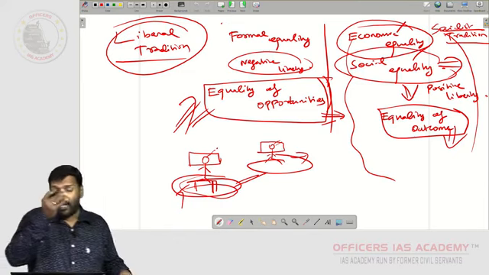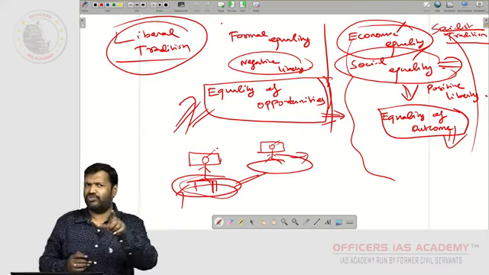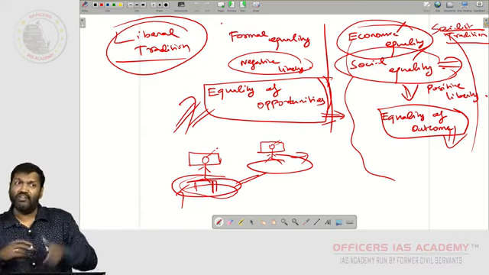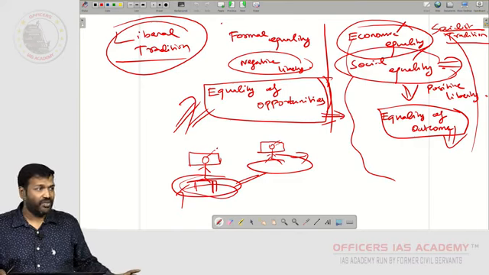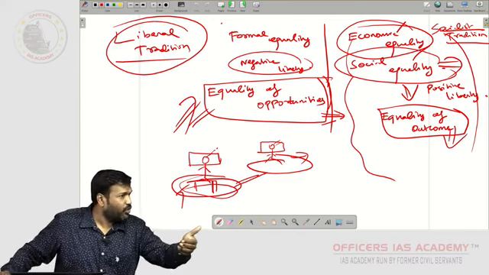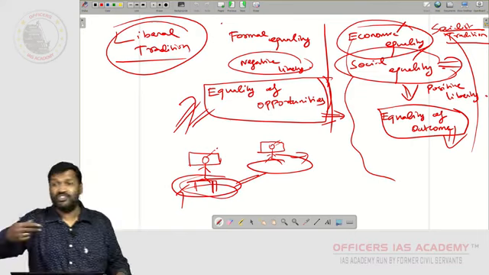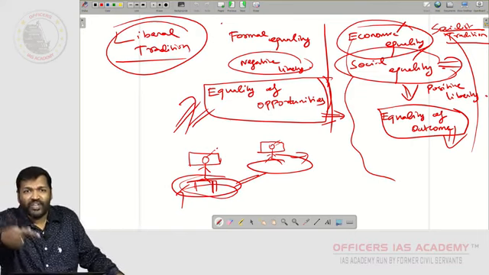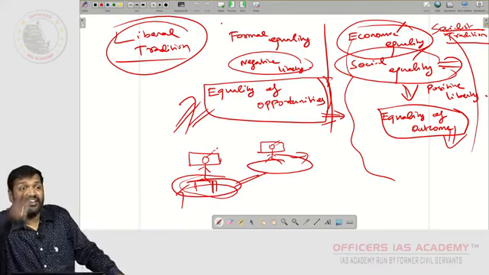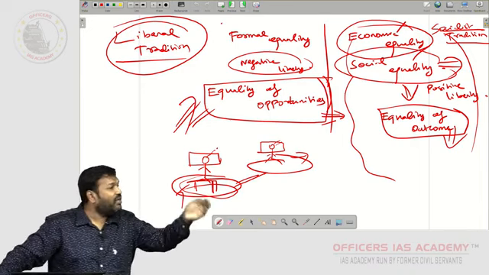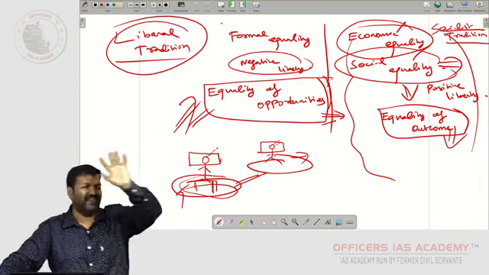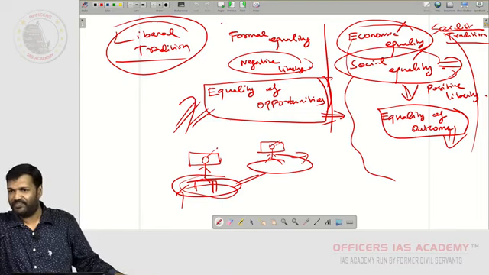So when you speak about equality of outcome, because many times the question has come, whether liberty and equality are contradictory or not, how should you approach writing it? You have to approach this way. How you see freedom and how you see equality determines whether liberty and equality are contradictory or complementary. That should be the first line.